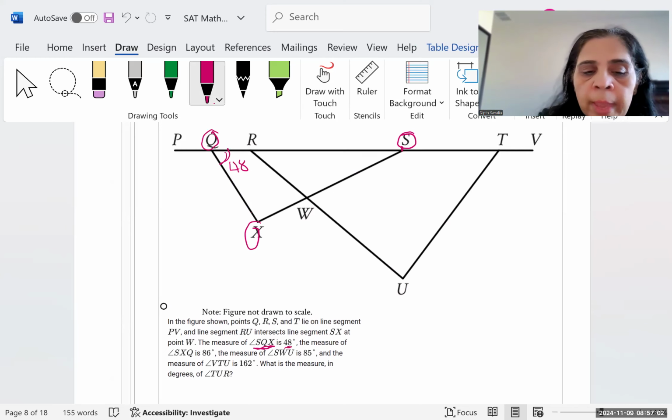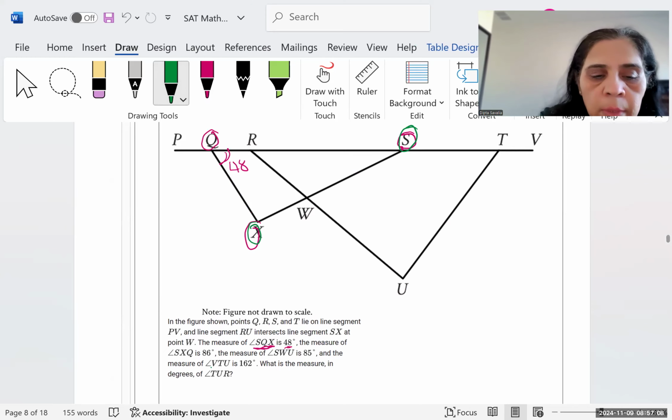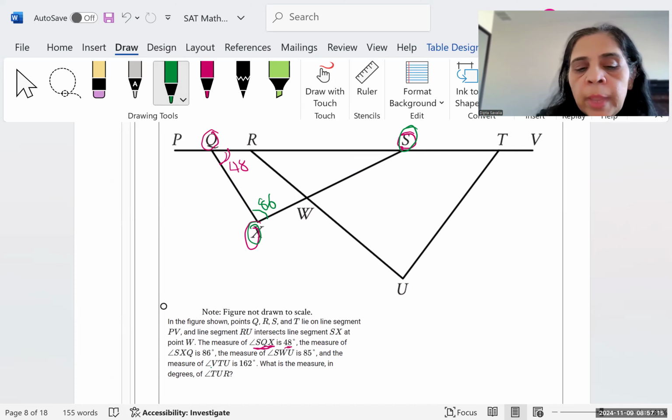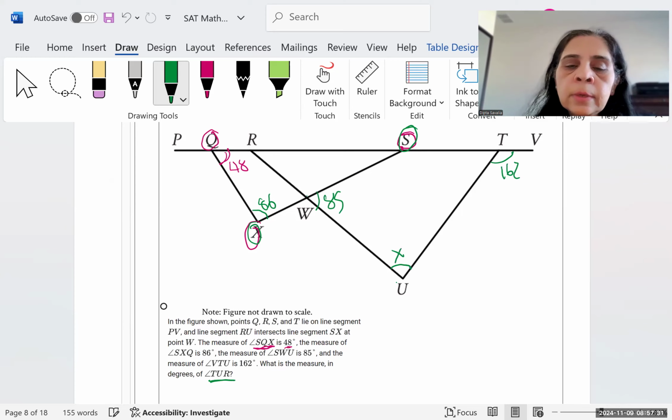The measure of SXQ is 86. The measure of SWU, right here, is 85. And VTU is 162. We are looking for TUR, which is this. So we label and write up everything.